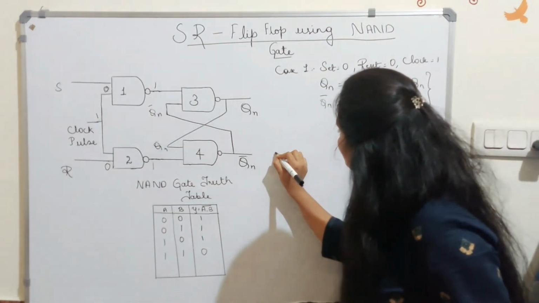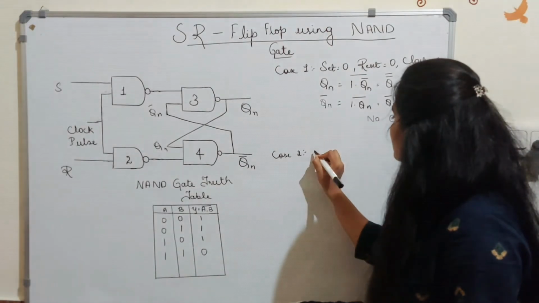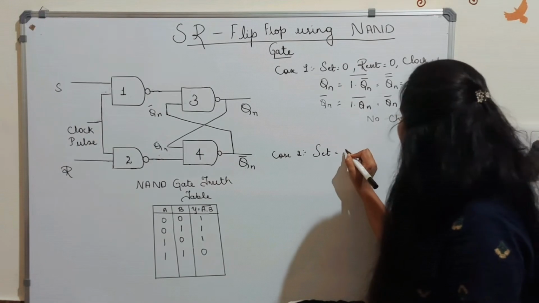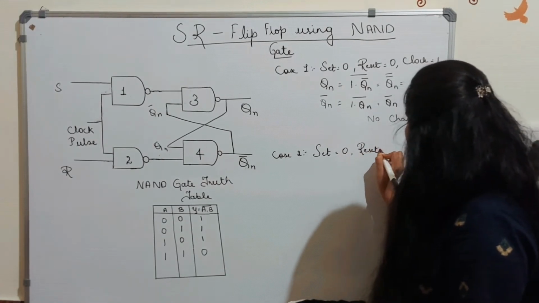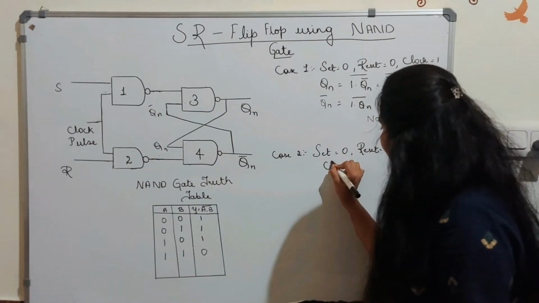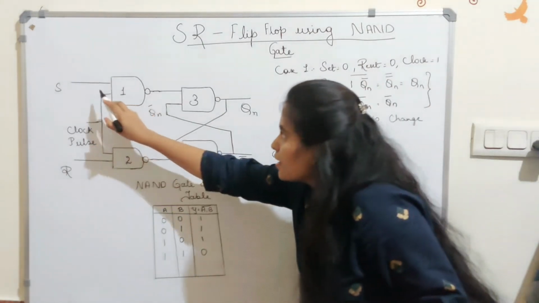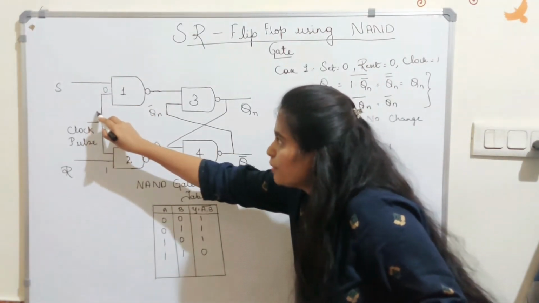Let's move on to case 2. Set is equal to 0, reset is equal to 1, and clock is equal to 1. That is, S is 0, R is 1, and the clock pulse is 1.